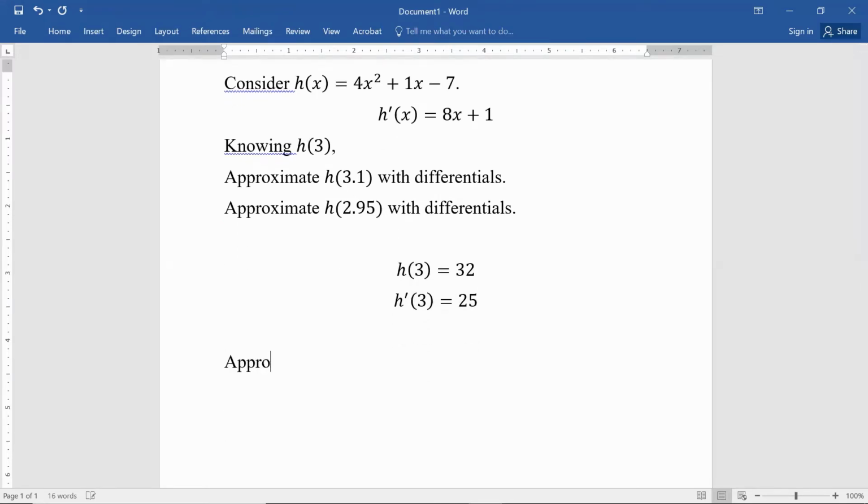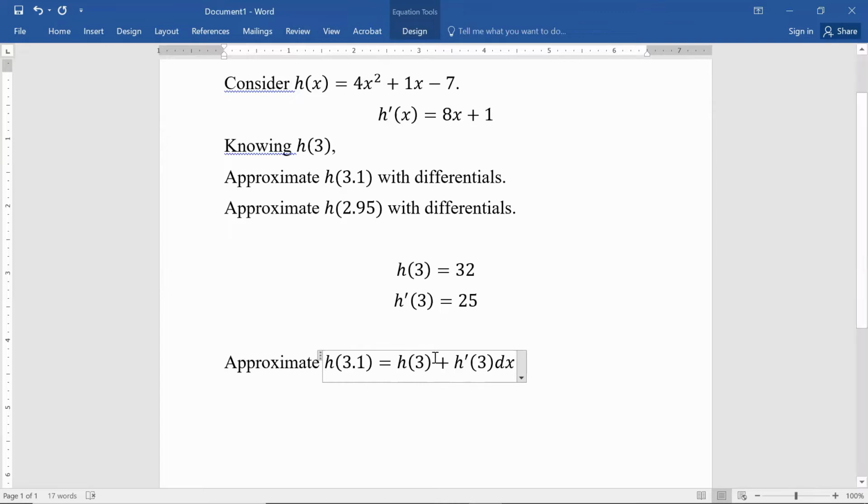If I want to approximate h of 3.1, I'm going to take h of 3 plus h prime at 3 multiplied times the change in x. So if you're not following, hopefully you are, you're going to take your y value at 3 plus a corresponding change in y value.